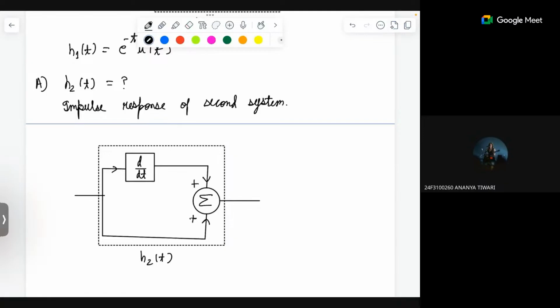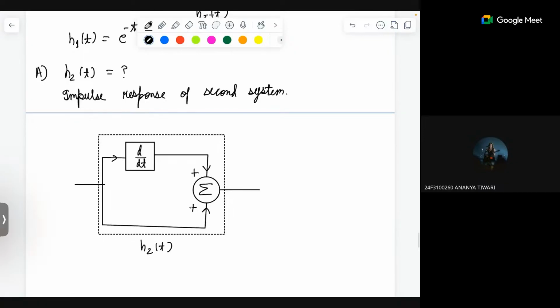So now what I'm saying is, this is the system that I have. For this system, I want to find the impulse response. Is the question clear now? Yes, ma'am. What did Rohit say? x(t) is equal to w(t) for H2 of t. So now you can look at this figure, Rohit.